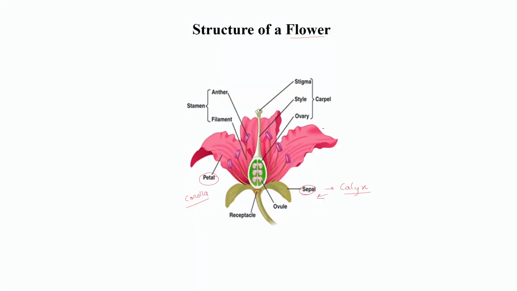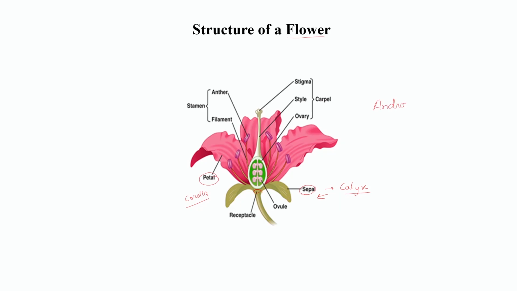Then after petals you have the most important parts of the flower, the reproductive parts. Sepals and petals do not take part in reproduction, but they help in reproduction. The parts actually taking part are the androecium and gynoecium.